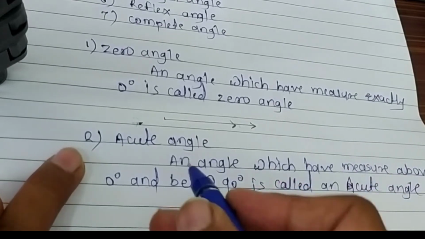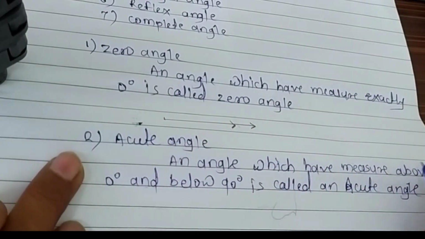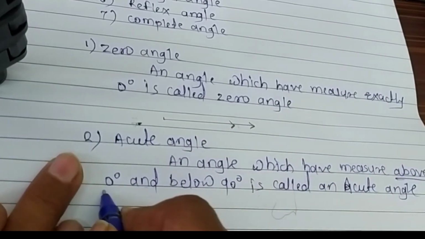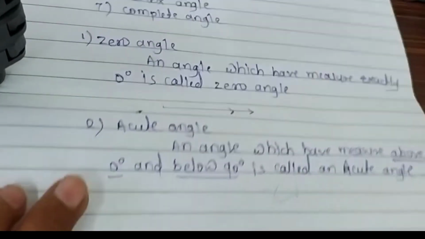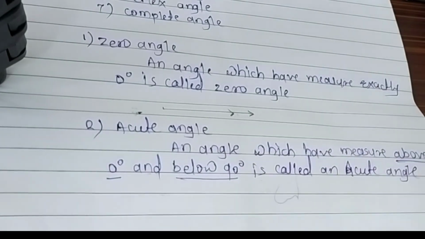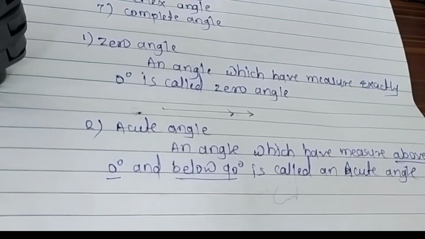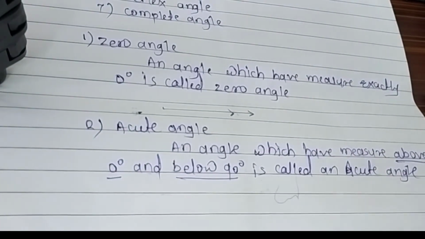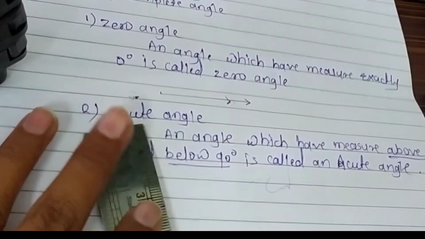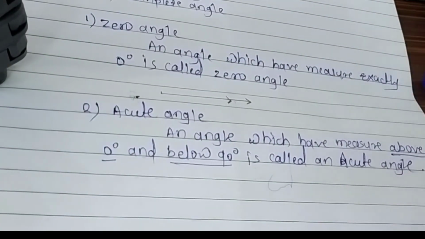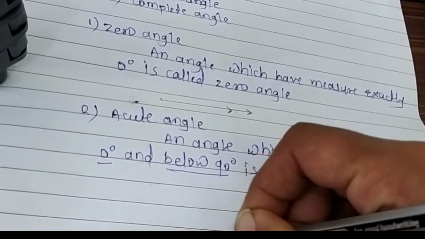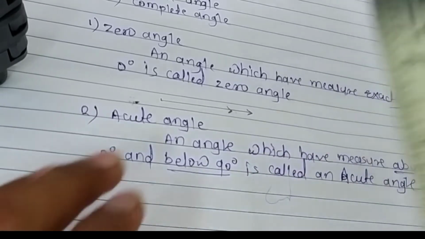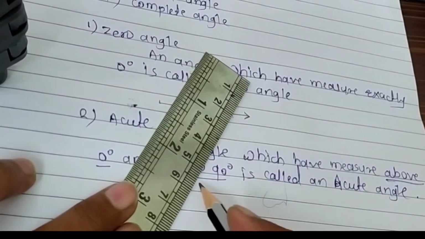So what's important in an acute angle? Its measure is above 0 degree and below 90 degree. You have to remember that. So how does the acute angle look? It looks just like this way.